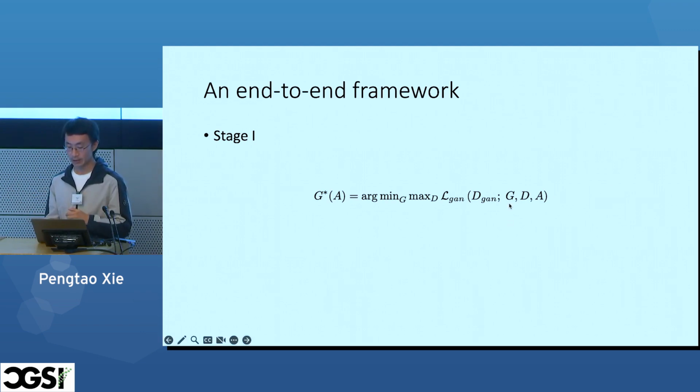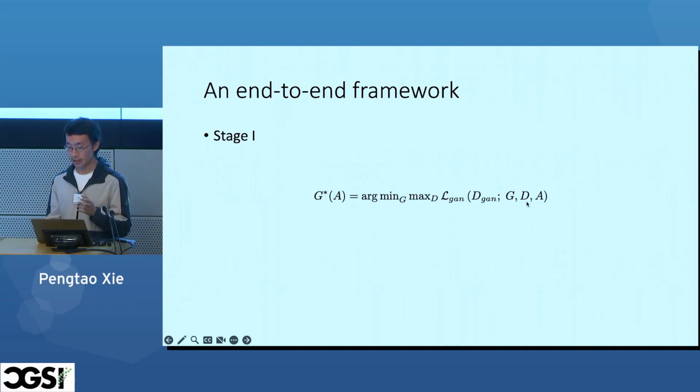So G here is the weight parameters of the generator. D here are the weights of the discriminator, and A is the architecture of the generator. A is also learnable. So we solve this min-max problem. We minimize this loss, the loss of the GAN model, with respect to the generator, and also we maximize this loss with respect to the discriminator.